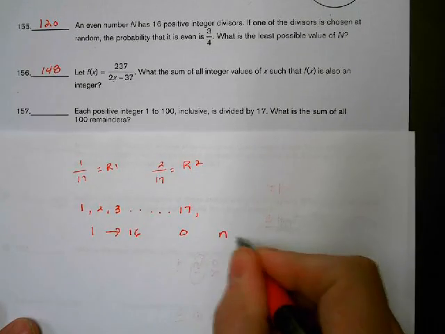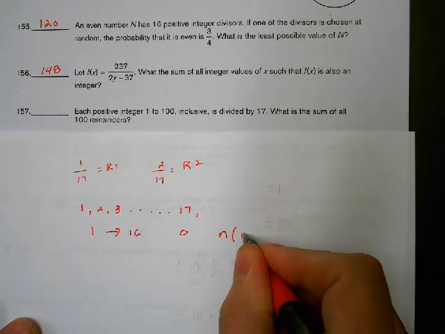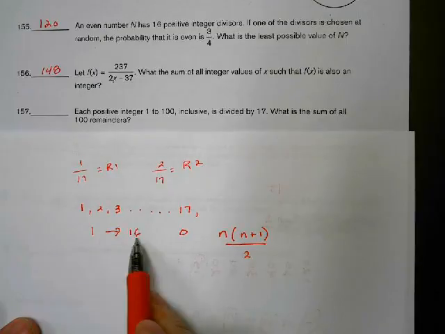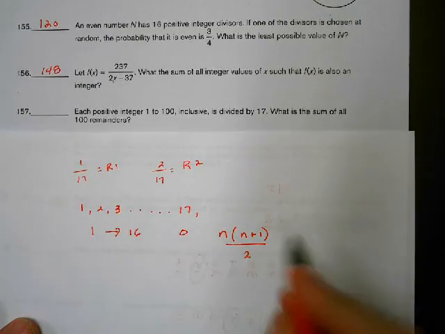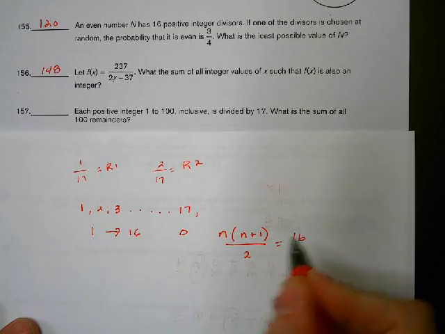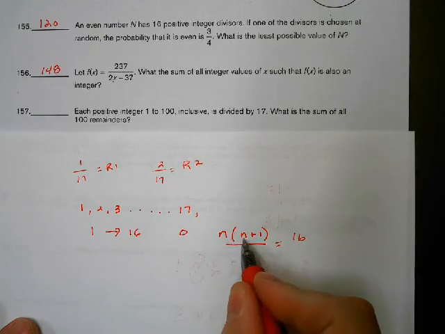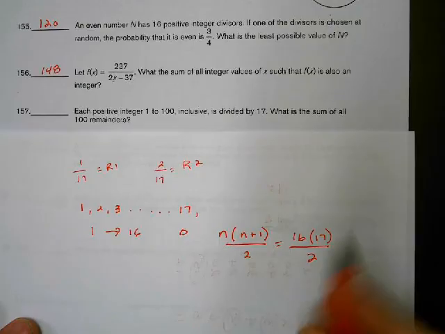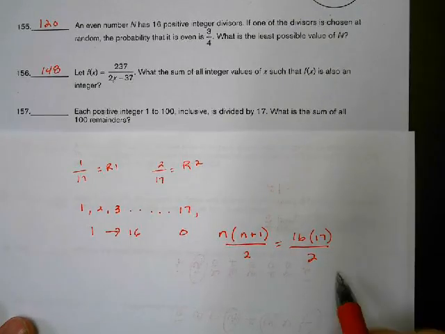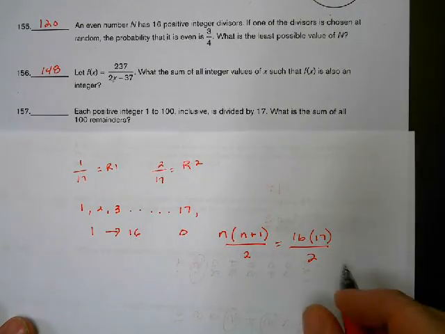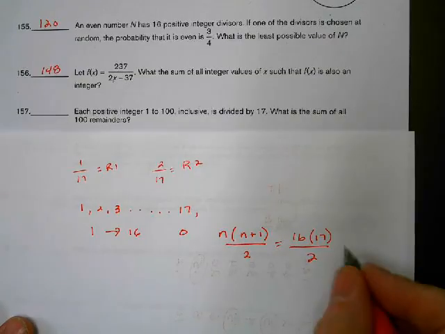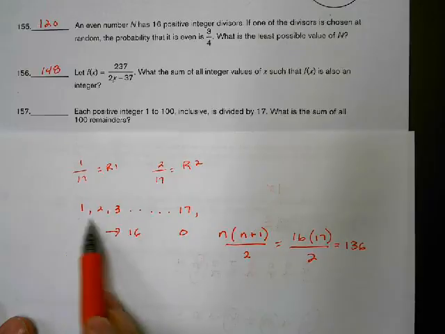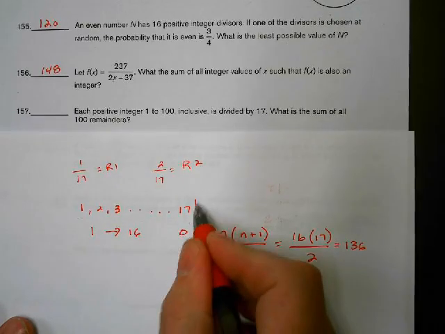For the first 16 numbers, n is 16, so 16 times 17, divided by 2. 8 times 17 ends up being 136. So every 17 numbers, I should get 136.